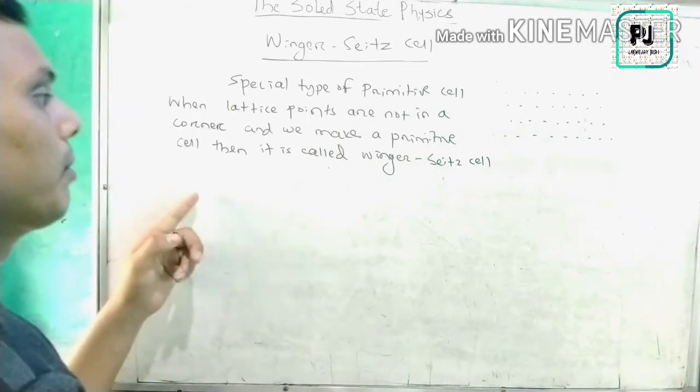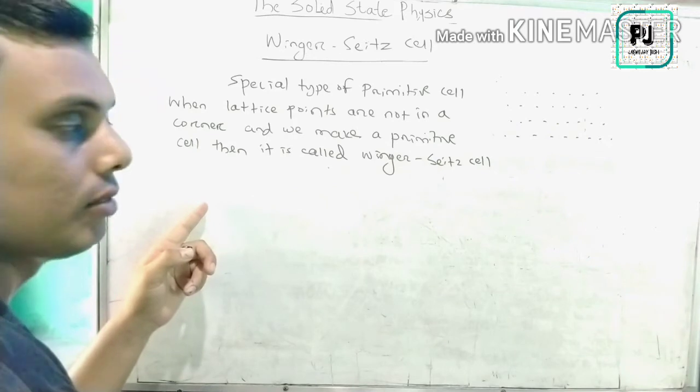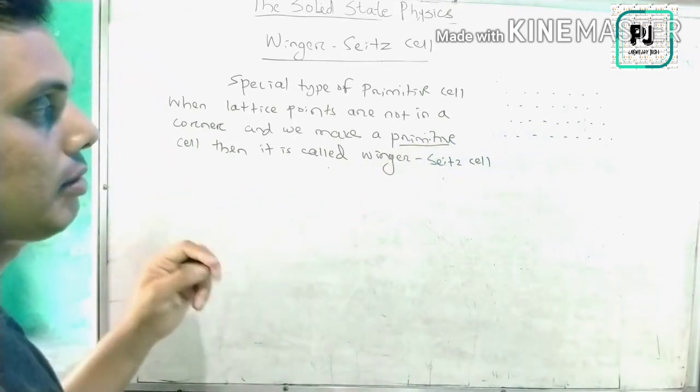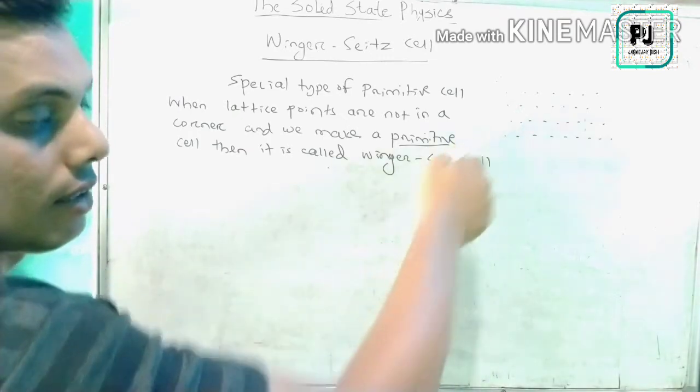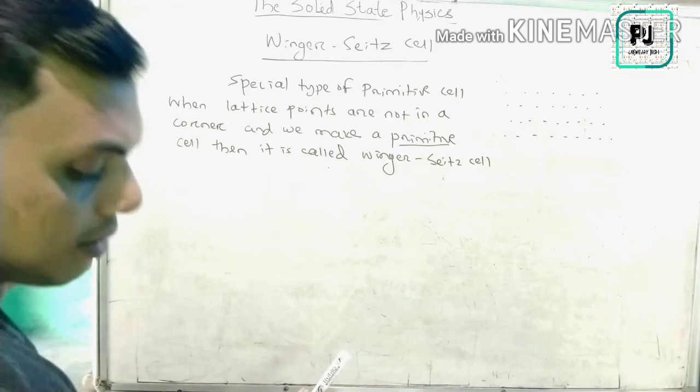That means when the lattice points are not in the kernel, then we make a primitive cell from there. So that special type of primitive cells is called Wigner-Seitz cells.